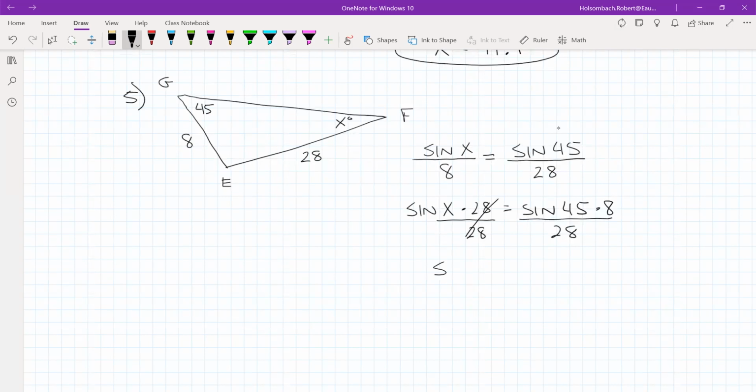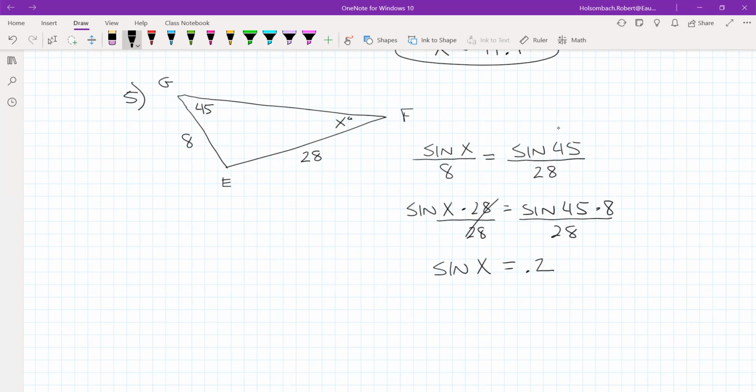So our sine of X is equal to 45 sine times 8 divided by 28. I get a 0.2.